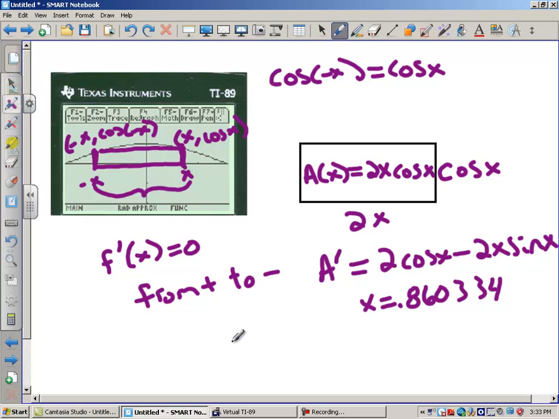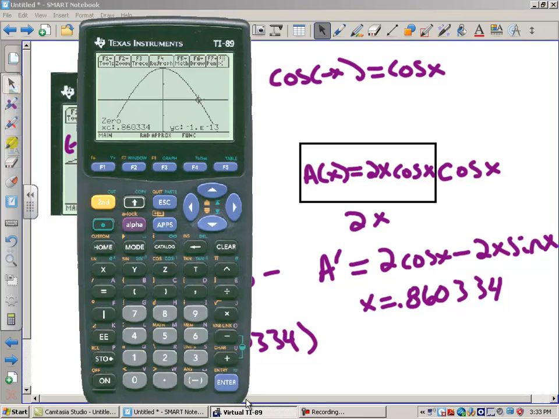So what I have to do is find the area by plugging in 0.860334. So I'm going to plug that into my area equation, which is 2x cosine x.